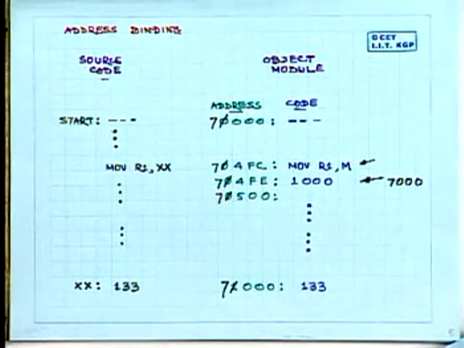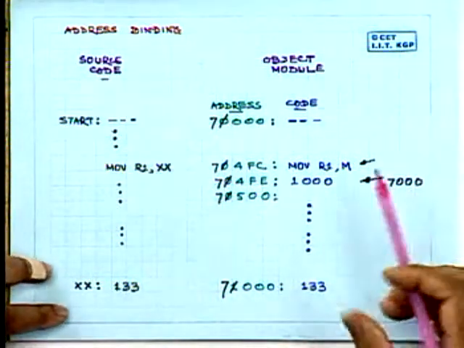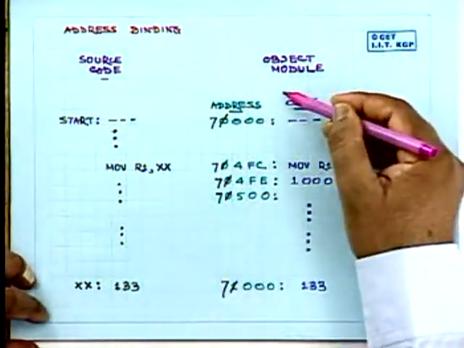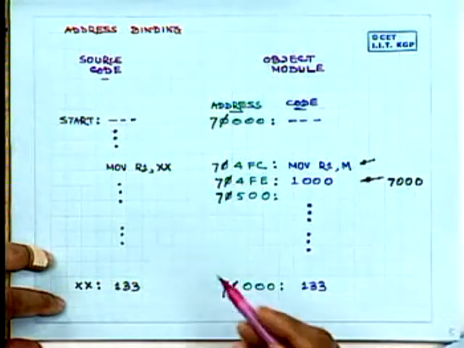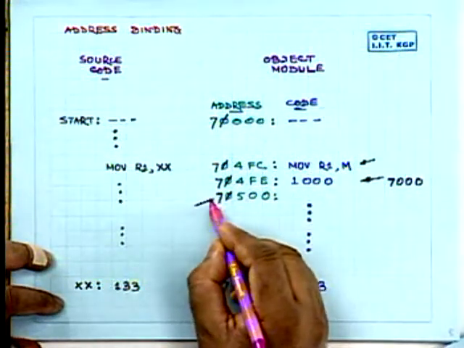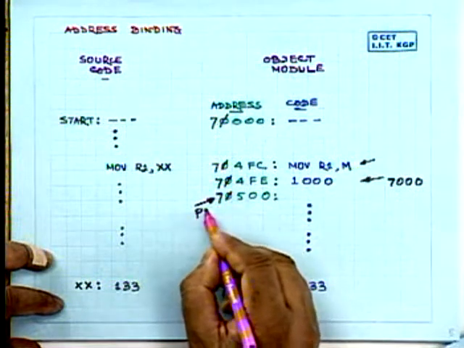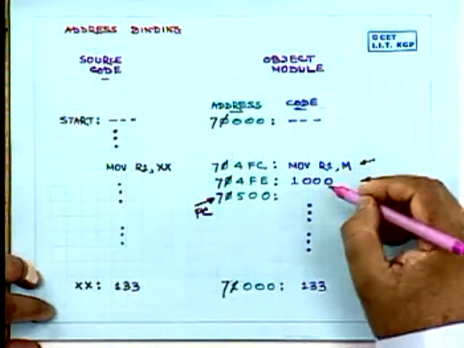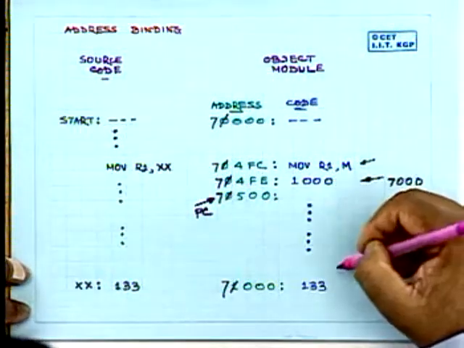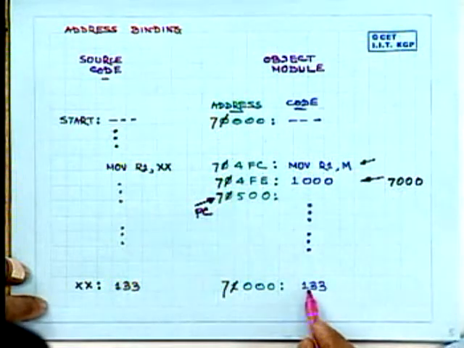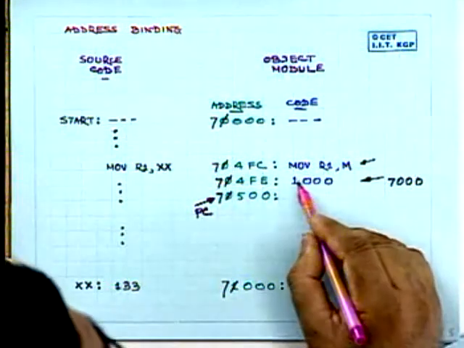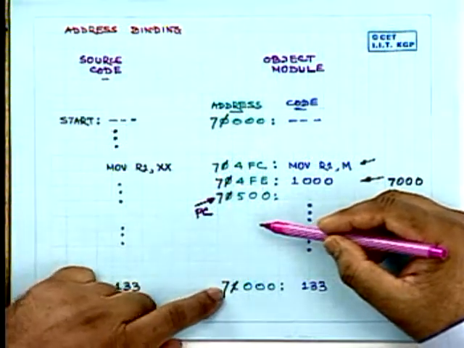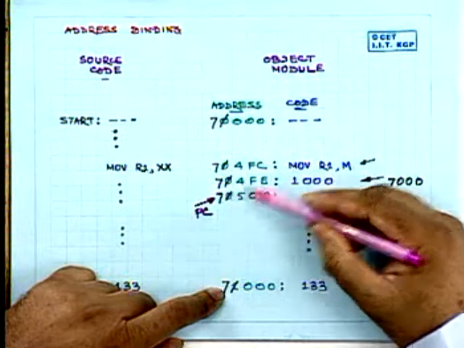But now assume that I am using relative addressing, PC relative addressing. In that case, when this particular instruction is executed, the program counter will be pointing to this when this memory location is being accessed. Now, in the case of PC relative addressing, as we know, instead of 1000 here, we give the difference between the target and the content of the program counter at this point.